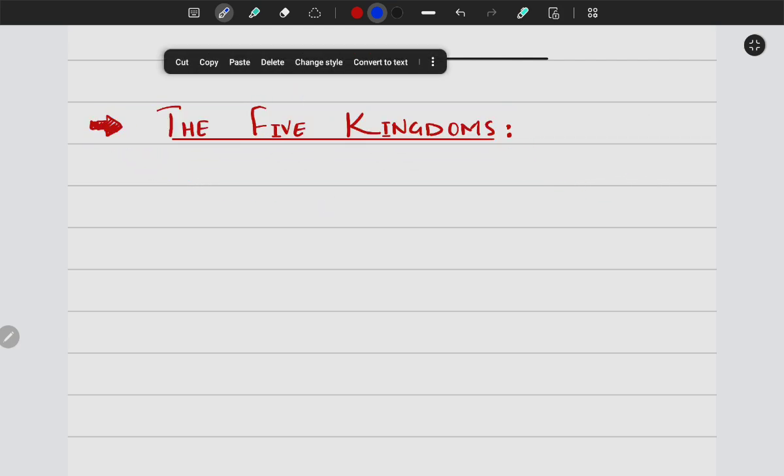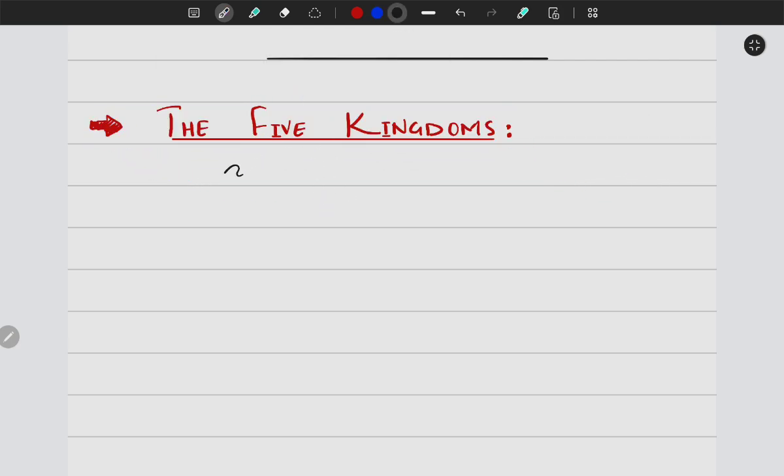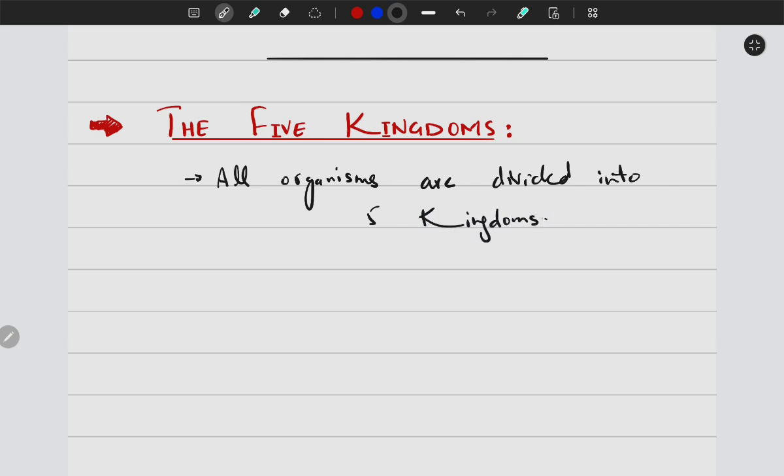So all the organisms that we have discovered so far have been divided into 5 kingdoms. So what are those 5 kingdoms?